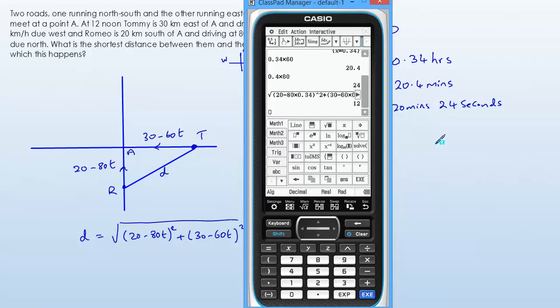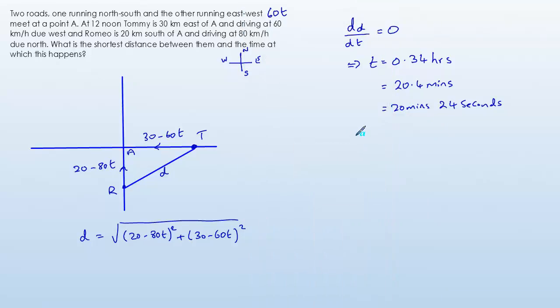And that gives us 12. So d min is equal to 12 kilometers, and that happens at 12:20 and 24 seconds. So let's say 12:20 to the nearest minute.